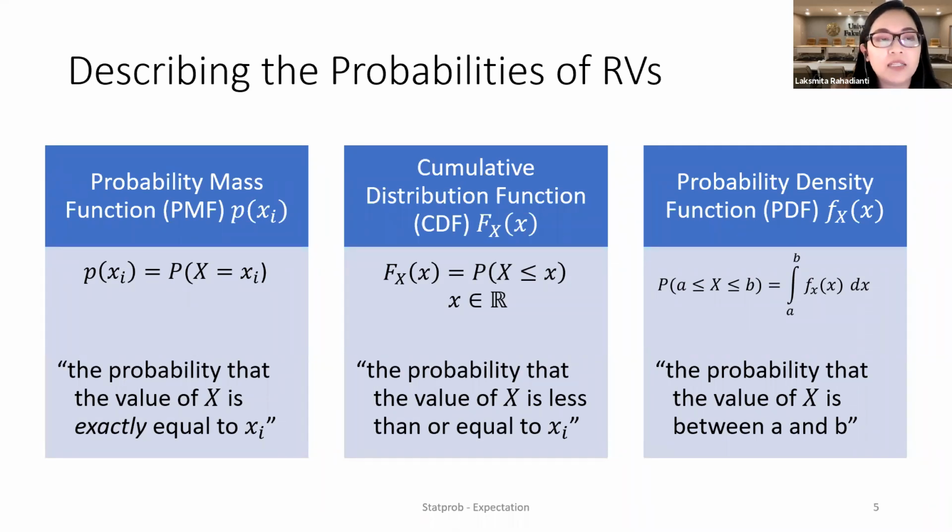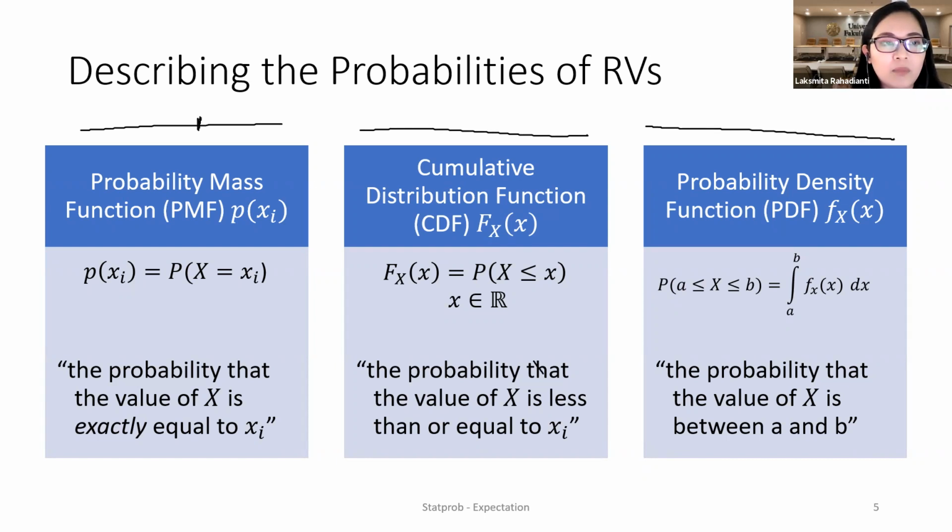We have the probability mass function, the cumulative distribution function, and the probability density function, which will talk about the probability of your random variable having different values.